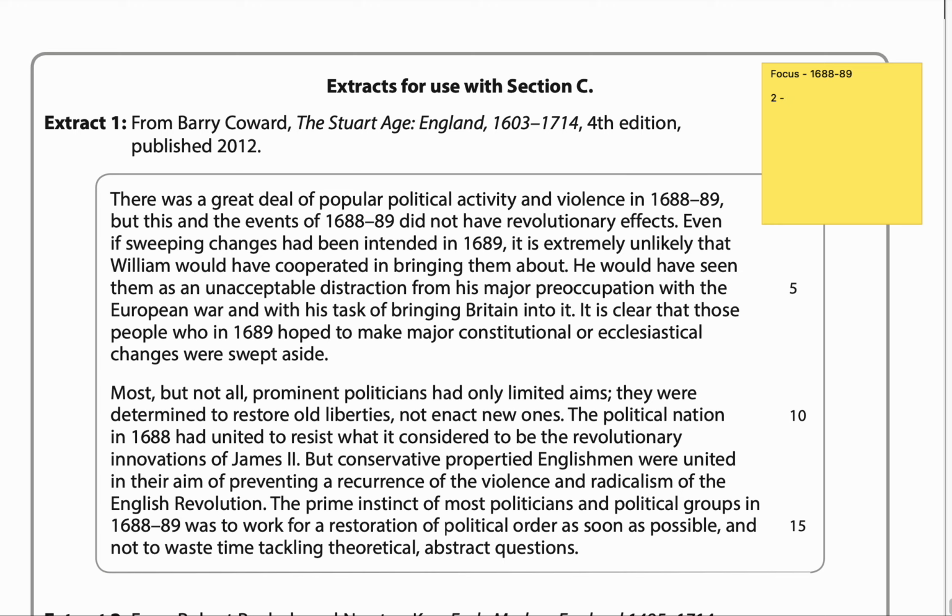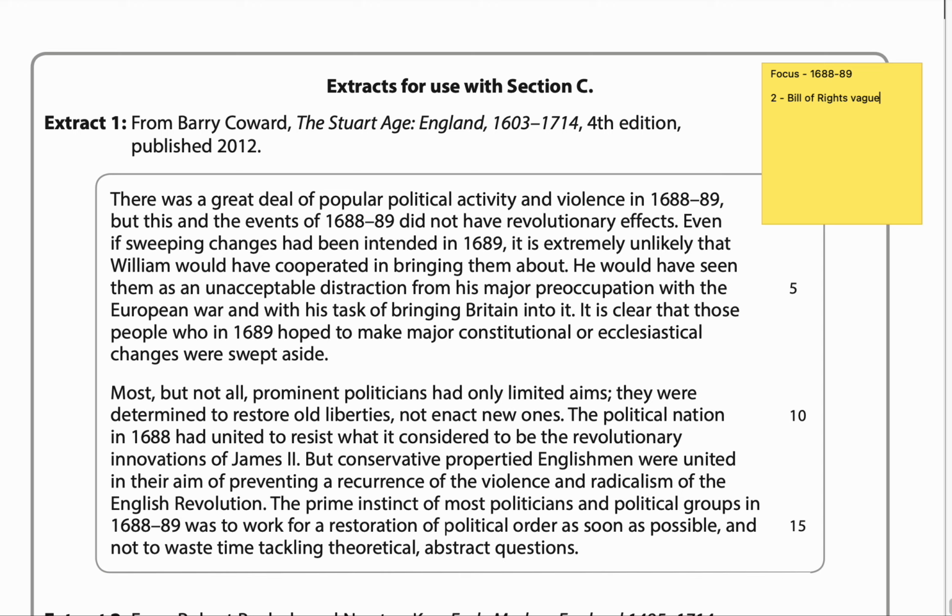So this is line 2 I'm going to use. The Glorious Revolution did not have revolutionary effects, and so that would be the quote I would use, and then the evidence I would use to support that is that the Bill of Rights was vague.